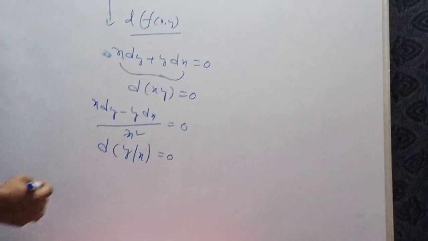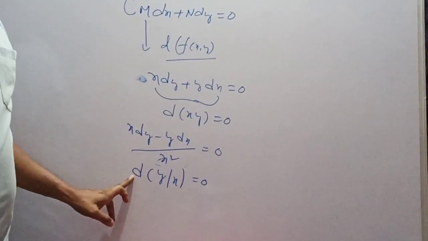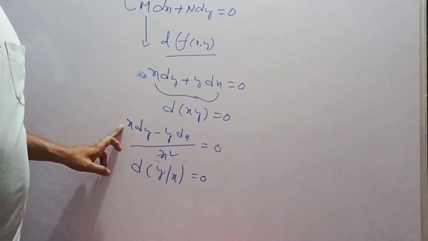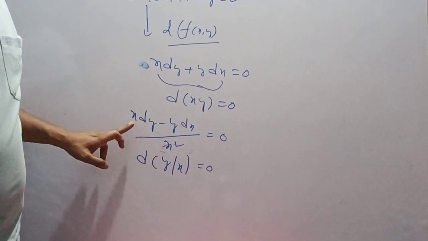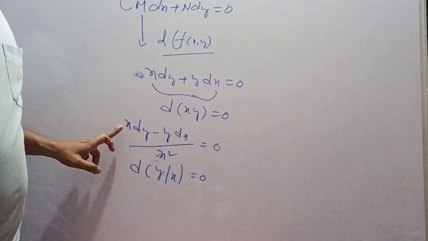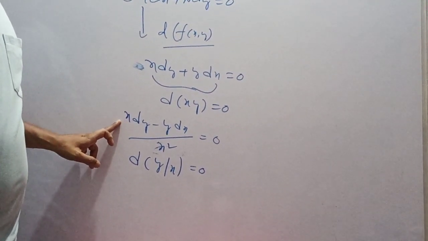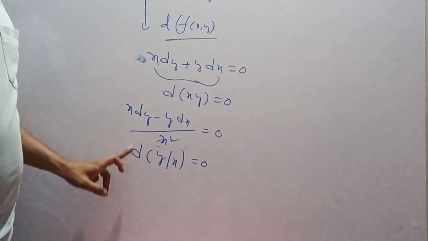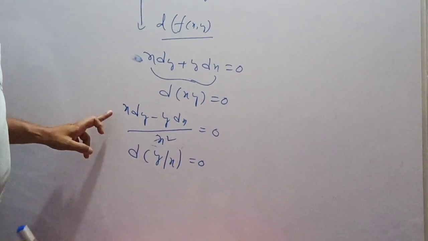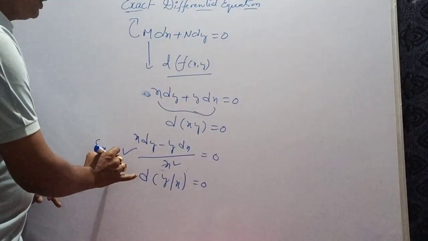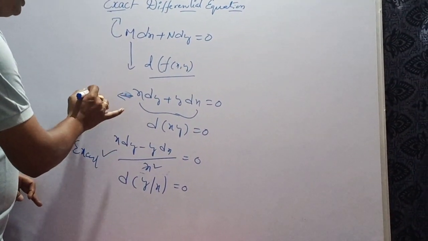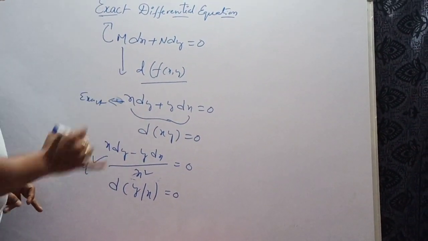The differentiation of y by x gives (x dy minus y dx) by x square. So this differential equation is obtained by the derivative of y by x, so this differential equation is called an exact differential equation.